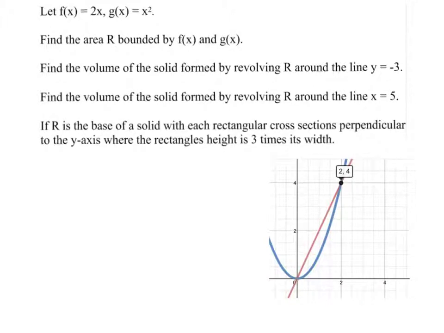In this video, we're going to quickly review some volume material and also talk a little bit more about L'Hopital's rule. So first of all, find the area bounded between f of x and g of x. Of course, I'm going to set all these up just as integrals, and I'll rely on the fact that you could do that either in your calculator or by hand. The area is just the top function minus the bottom function.